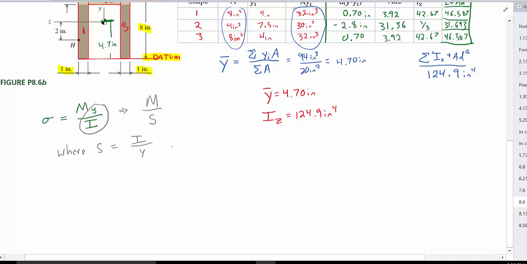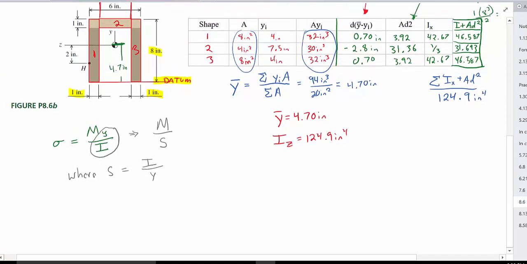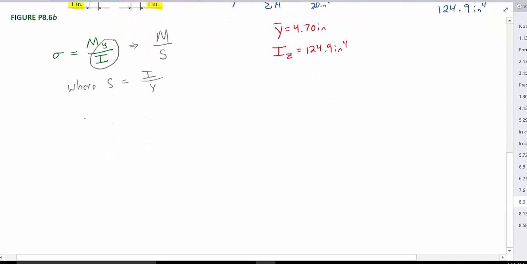And if you remember, I'm going to make a relation here. We're taking a section, let me draw another picture. We've determined a centroid, and then we're going to find this y and this y. The one that creates the maximum stress will have our minimum value, and that'll be our section modulus.